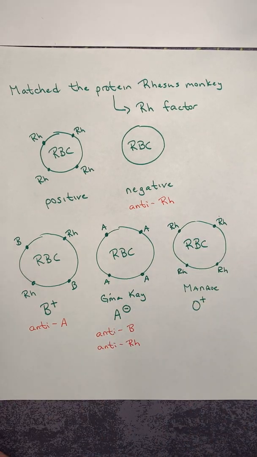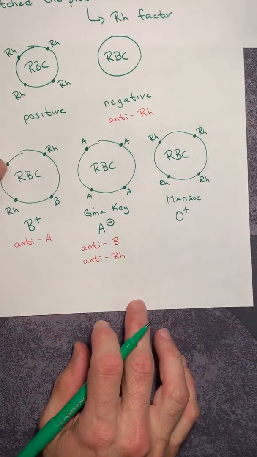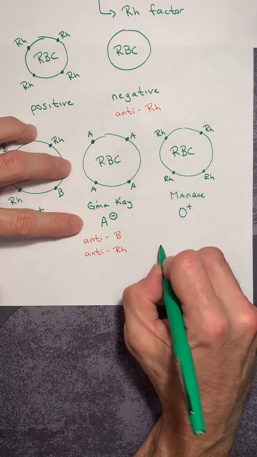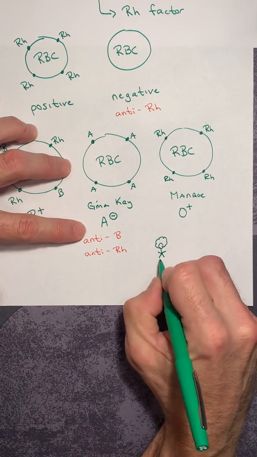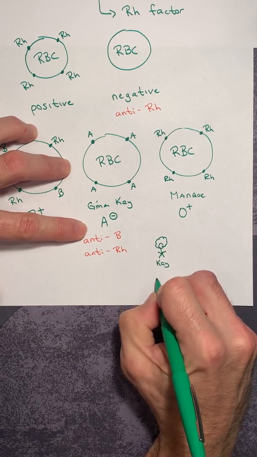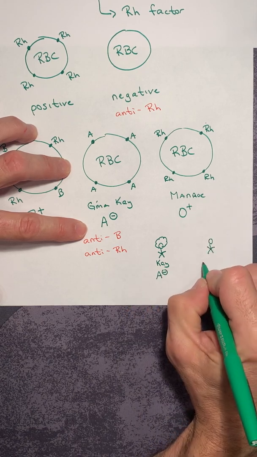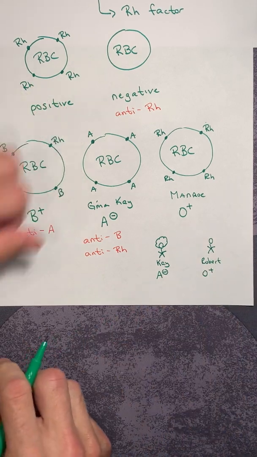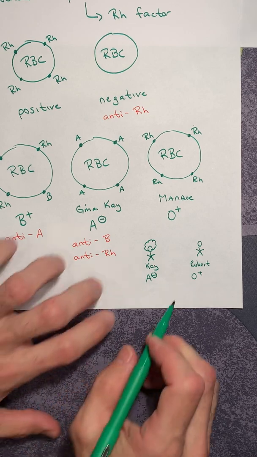Like such. So, I know that Kay is my biological mother, but neither of us can donate blood directly to the other one. So here's my mama. Here's Kay, A negative. Here's her son, Robert, O positive. Okay? So, my mom goes in the hospital.